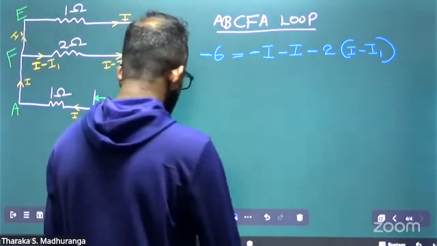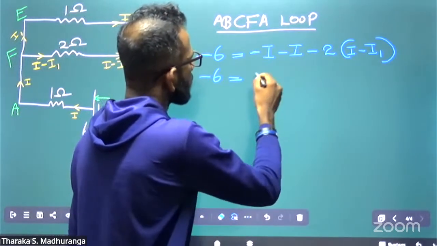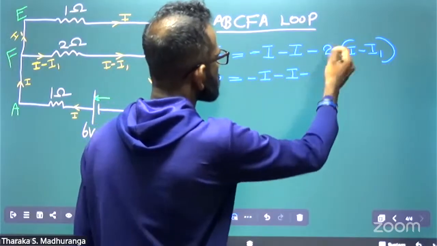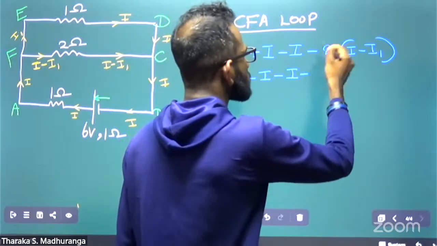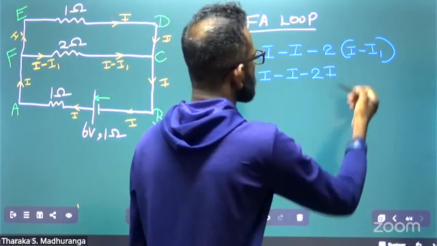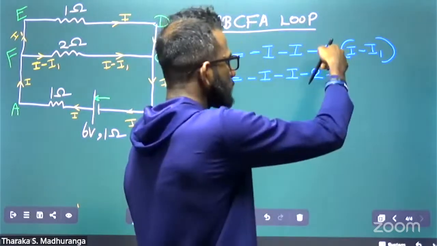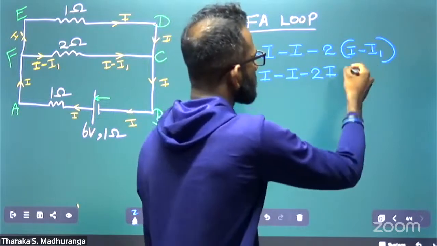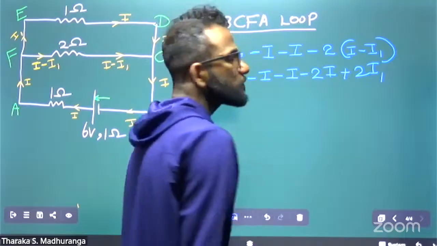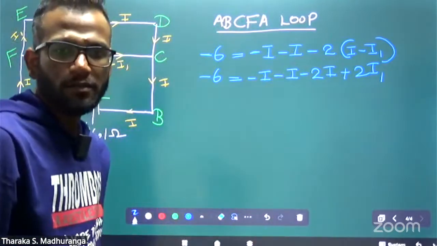Then minus 6 equals minus I minus 2I minus 2 into (I minus I1), that is minus 2I plus 2I1. Remember, that's why this bracket is compulsory.